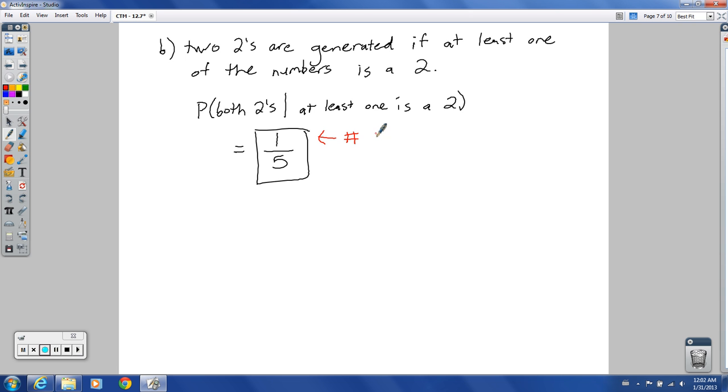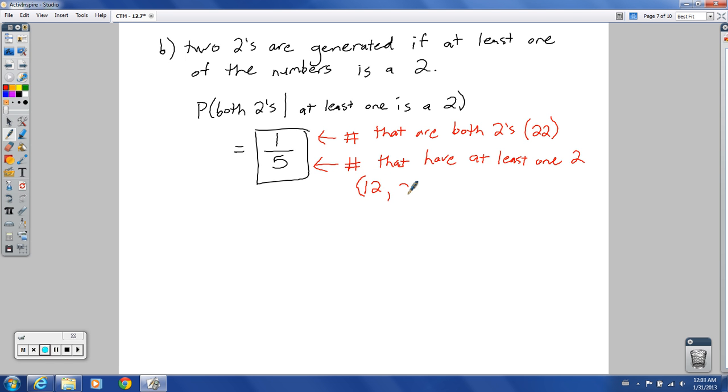It's the number that are both 2s, and then we'll actually write down the sample points here. So that was the 2 2 one. And so this one was the number that have at least 1 2. And those sample points were 1 2 and 2 1, 2 2, 2 3, and then also 3 2. So those are the 5, and only one of those had both 2s.